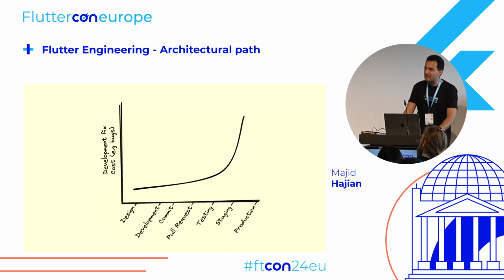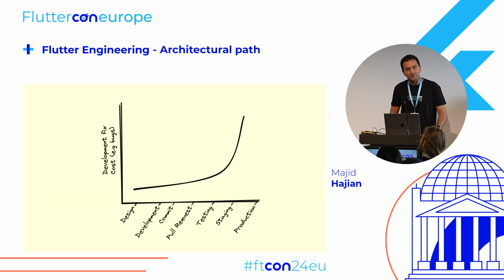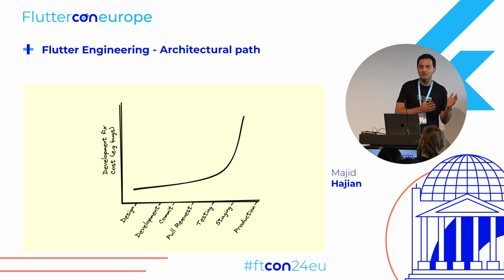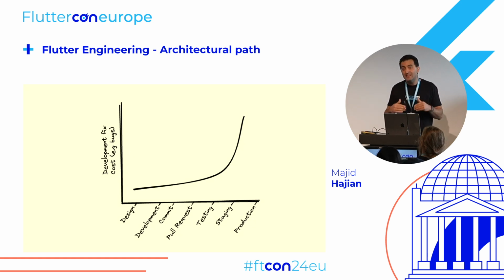These are the things that, in architecture, in the beginning of building an app, you want to think about. That's a concept in software engineering that we call shifting left. Are you familiar with shifting left? I mapped it to the Flutter journey, like building an app. What it means in general in software engineering, or from an architecture perspective in Flutter, is that you want to move things a little bit ahead to the design part, before even development starts, because that's where everything is cheap to iterate over.